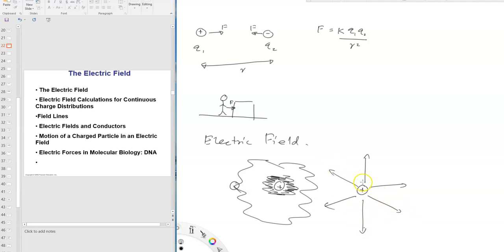The field near the charge is stronger. As you go away from it, the field strength decreases. These are called electric field lines, and electric field is denoted by capital letter E.